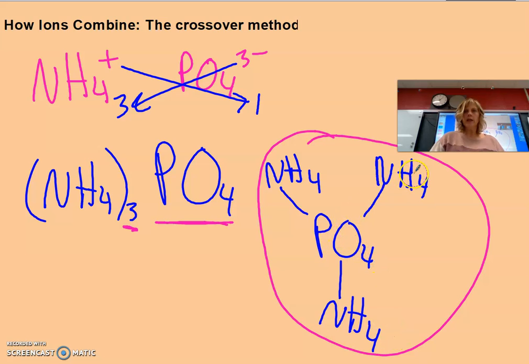So we have a phosphate with 1, 2, 3 of these ammonium ions attached. And so this tells us really the structure of that molecular structure that we have with that ionic compound.